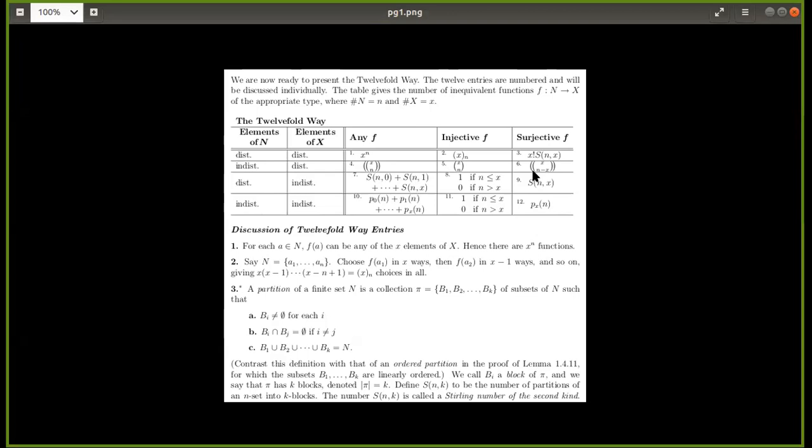Yes, miss. Is it nicely enough visible, or should I zoom it? No, it's fine. You're able to read, right?